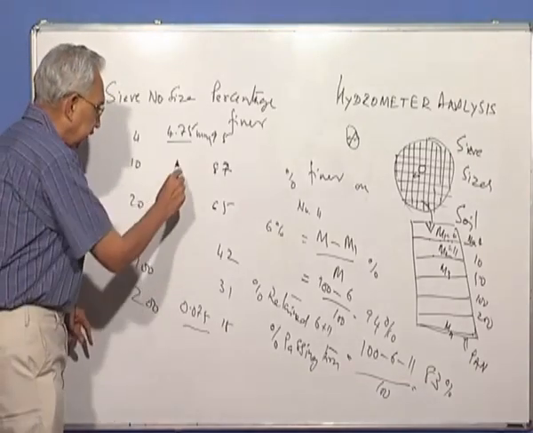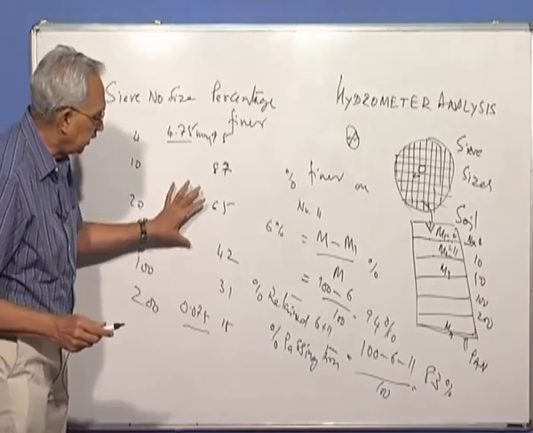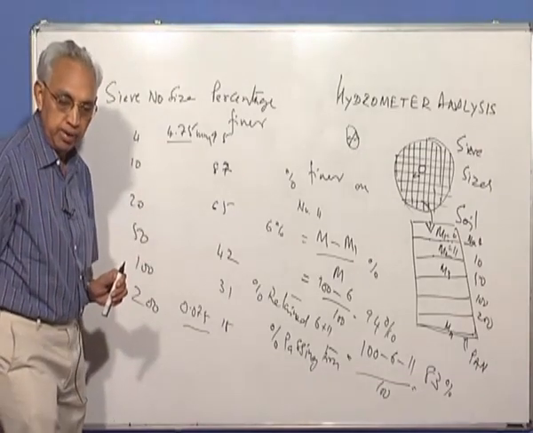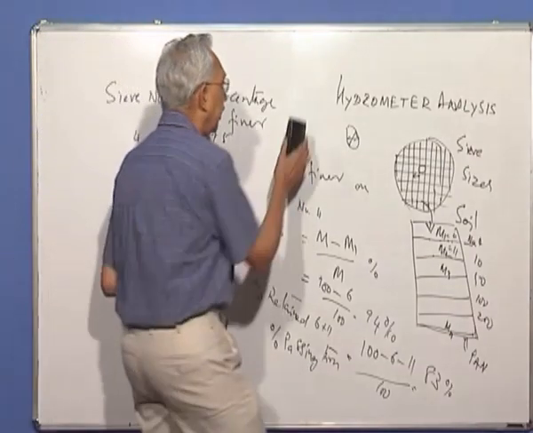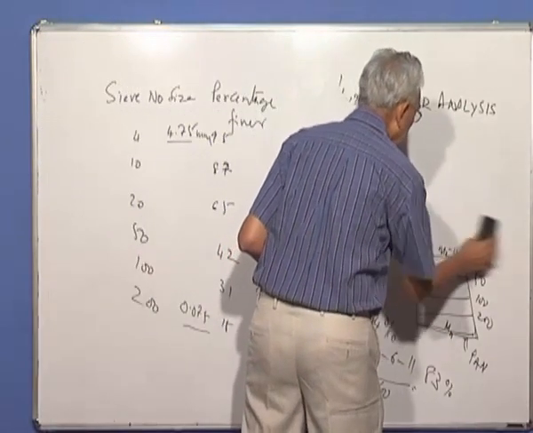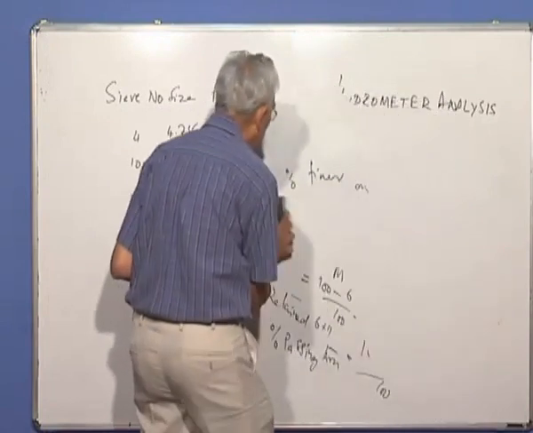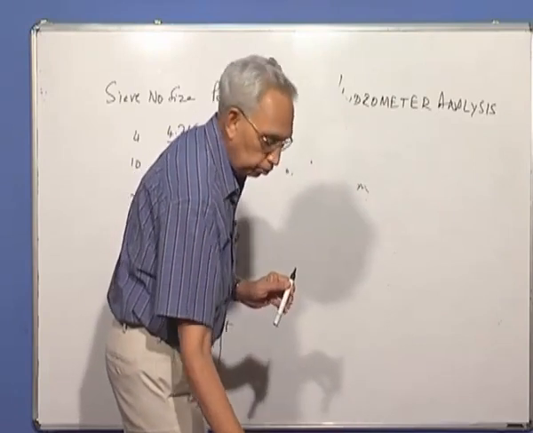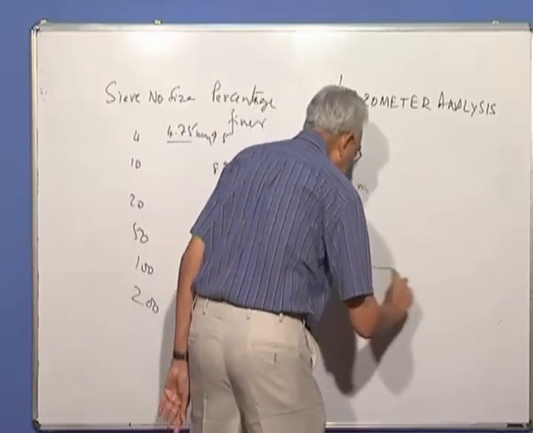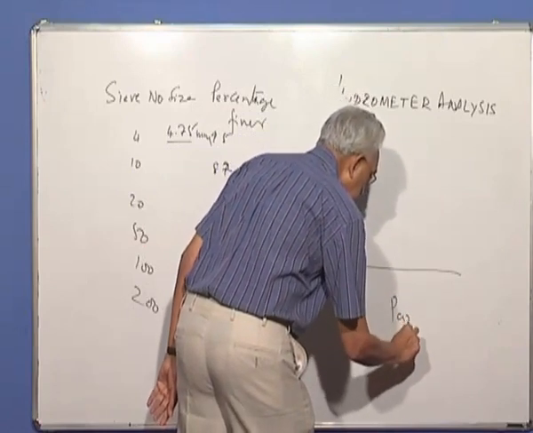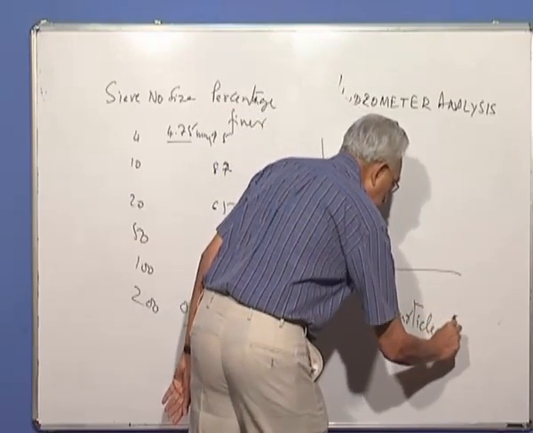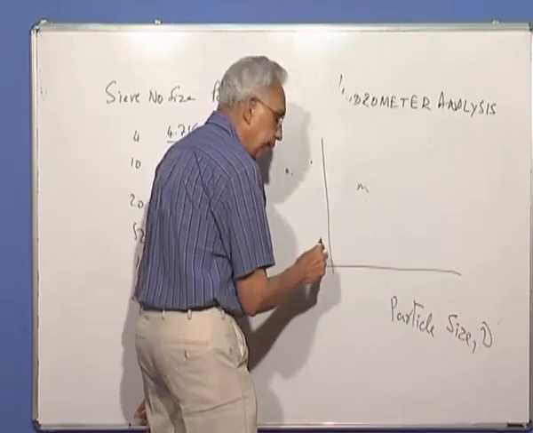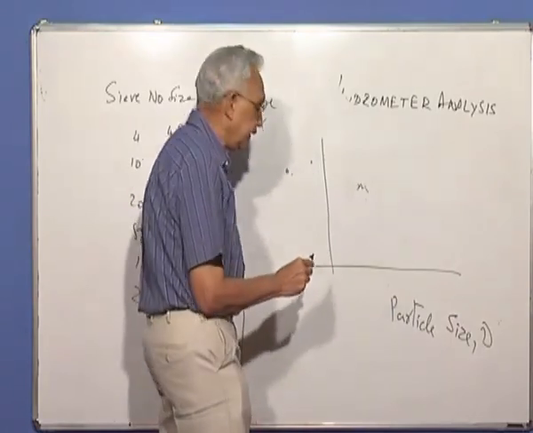So you can see different sizes here, and you will get the standard size distribution from the textbook or from any Indian Standard. What you can then do is plot a graph between the particle size, we call it a symbol D, and we use a log scale here, not a linear scale.